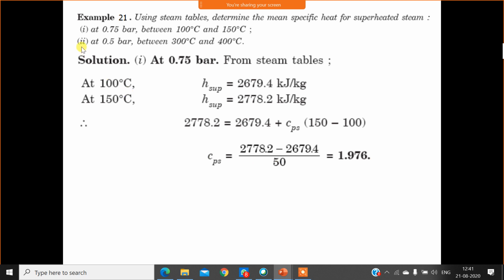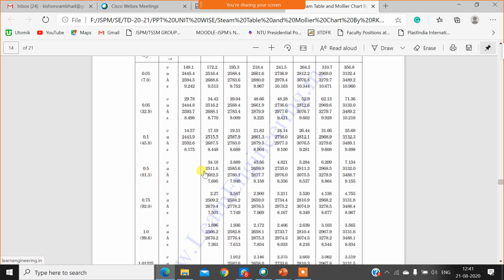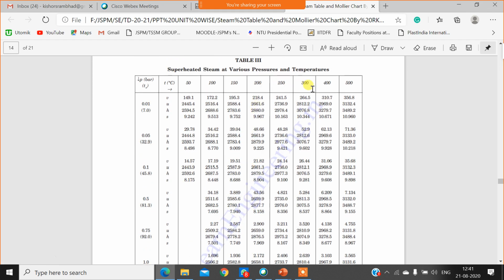Now the second part in this problem, at 0.5 bar between 300 and 400 degrees Celsius. Okay, at 0.5 bar from steam table, look at the steam table between 300 and 400. This is 0.5 bar, this is 300 and 400.